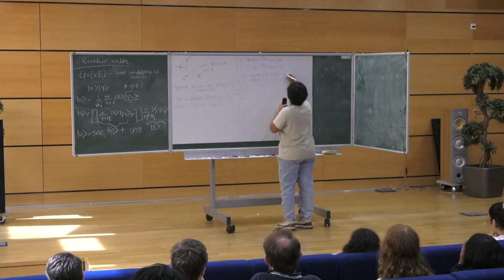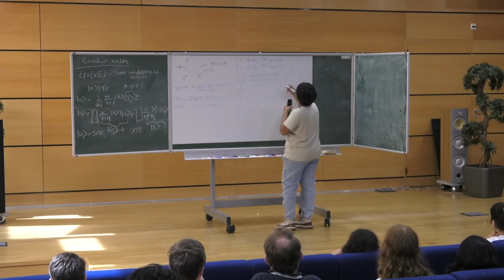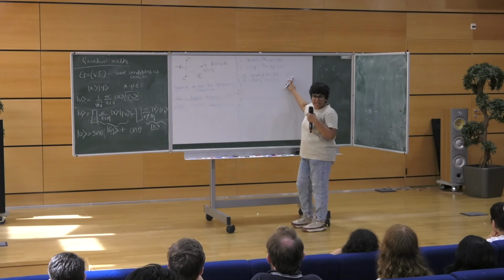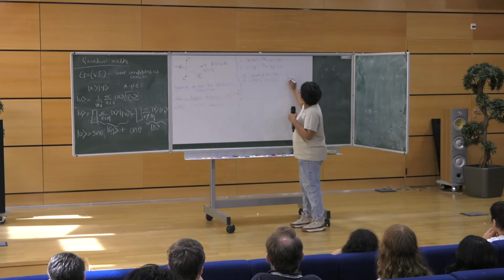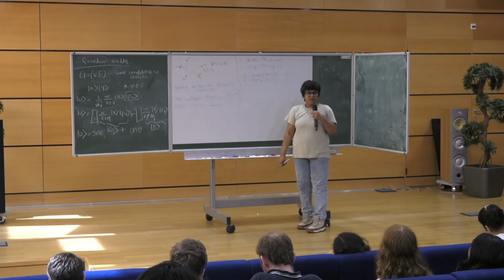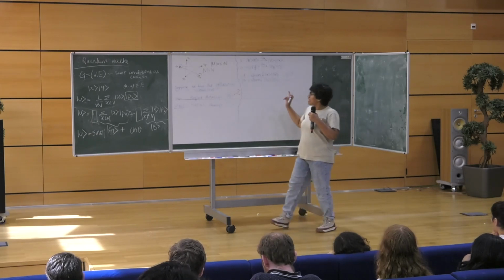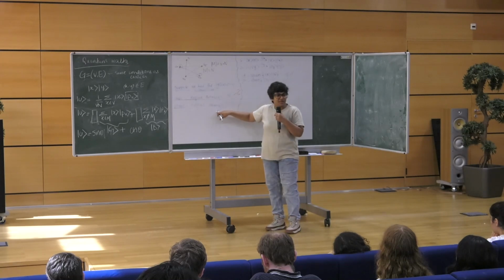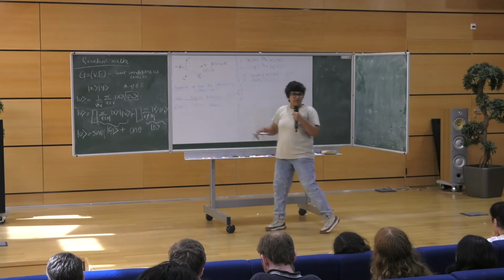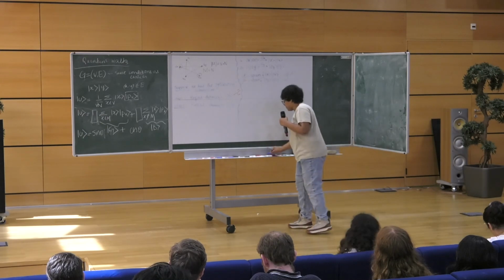Now imagine I have a reflection that I want to implement about this subspace A, and another reflection about subspace B. If I'm able to implement these two reflections, then I claim that I will be able to reflect through U. And let me show you how I implement this.